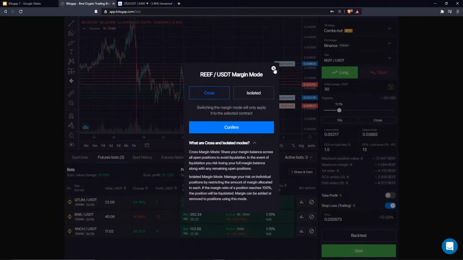That means that your liquidation price is going to be farther from your entry price. Whereas in isolated mode, you risk losing only a portion of your margin.